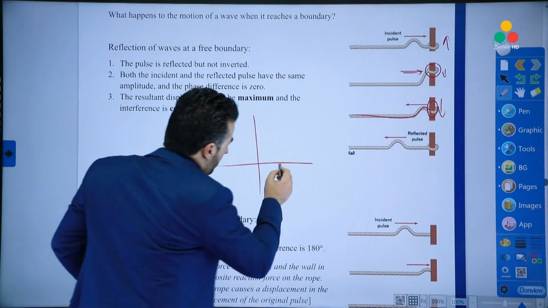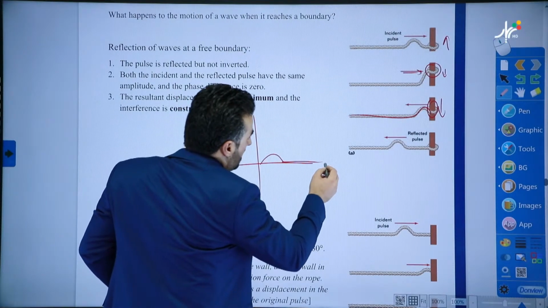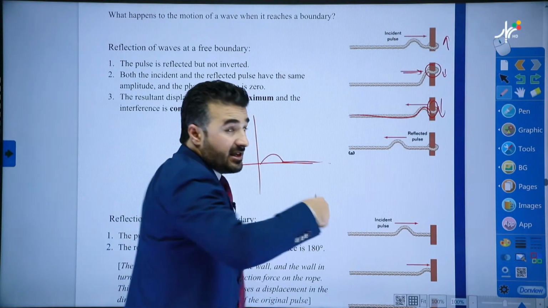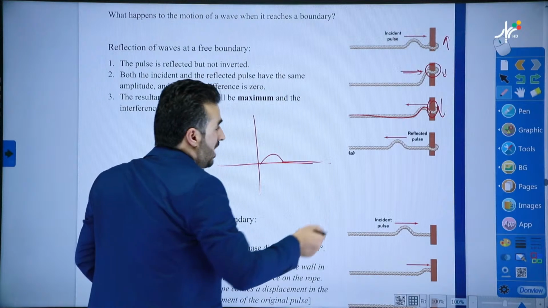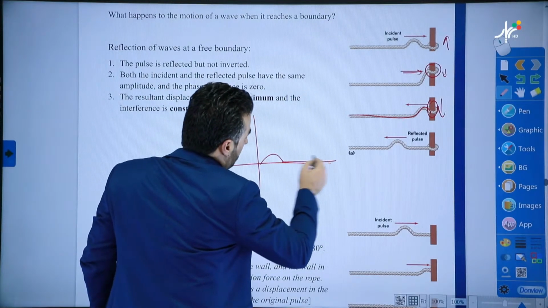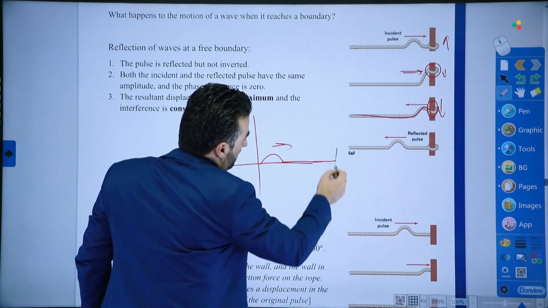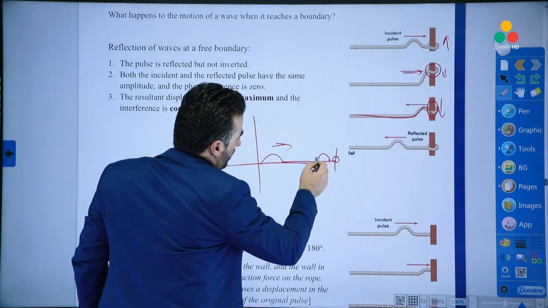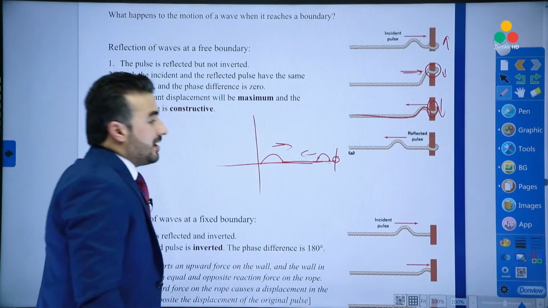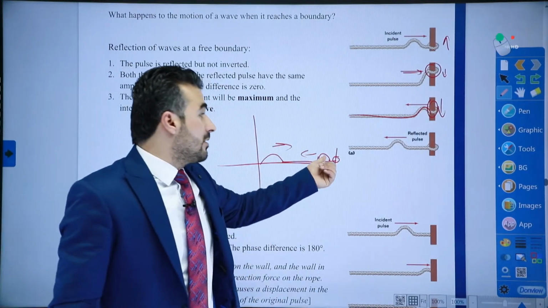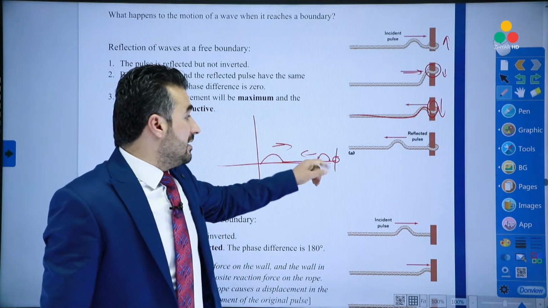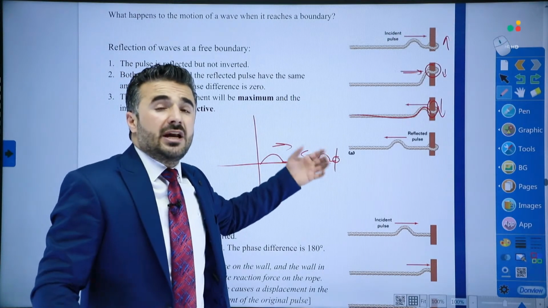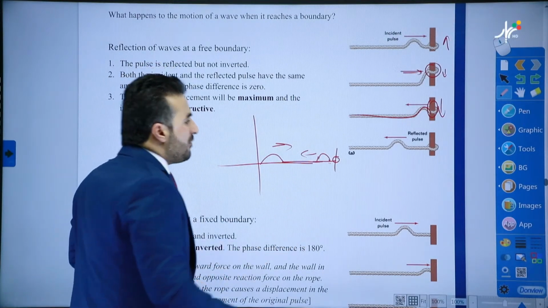So if we start here, we're sending basically a wave here. Because the end is free to move, or the boundary is free, of course we'll get another wave from the boundary here, and you can see that it is moving in the opposite direction, but the wave is reflected but not inverted. So what would happen if it is inverted?